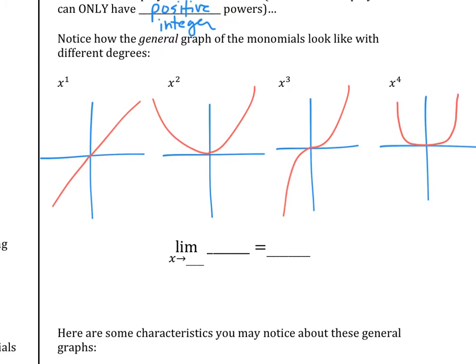So do you notice any similarities and differences between the powers for the monomials? You can see that the ends of the functions, some of them look similar because of the powers, and some of them look different. If we want to categorize them, we can say that the ones with the odd powers have the ends going in opposite directions, and the ones with the even powers have the ends going in the same direction.